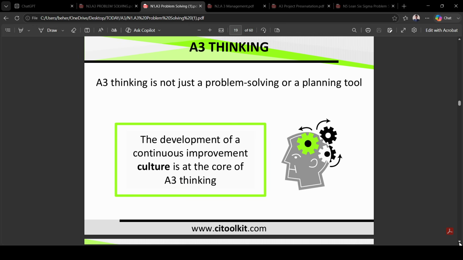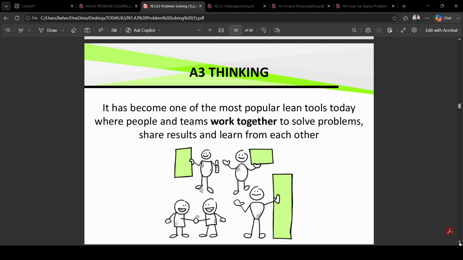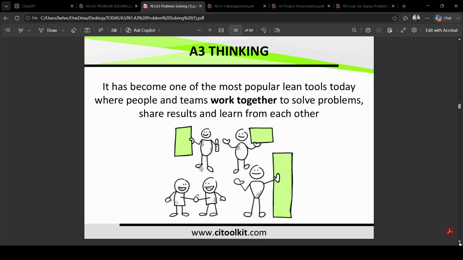A3 thinking is not just a problem solving or planning tool. The development of a continuous improvement culture is at the core of A3 thinking. It has become one of the most popular lean tools today, where people and teams work together to solve problems, share results, and learn from each other.